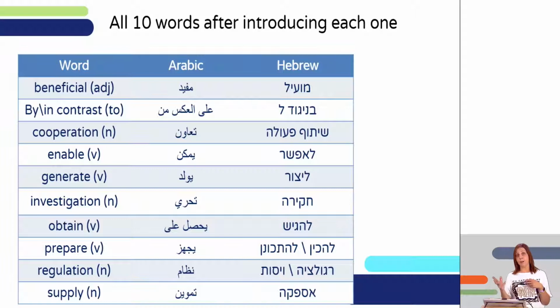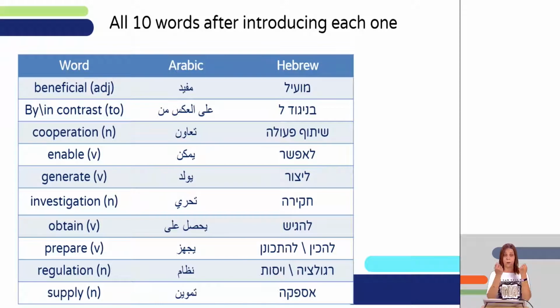Enable is a verb to give the authority or the ability to someone or something to do something. And then we have the verb generate, resulting in something else. And then we have investigation. Again, investigation, which is an examination or research, or all of these things. This word ends with T-I-O-N, so again, it is a noun.